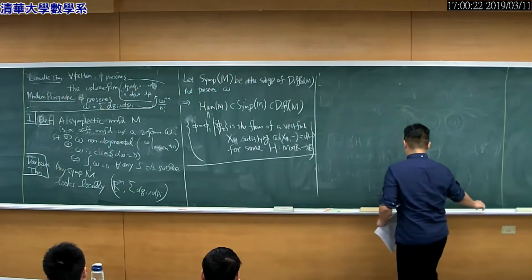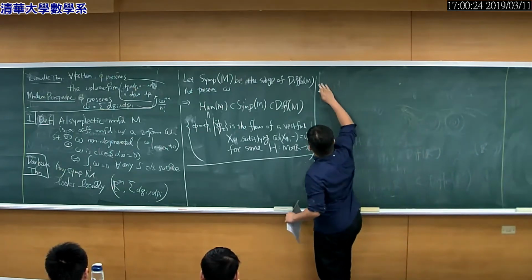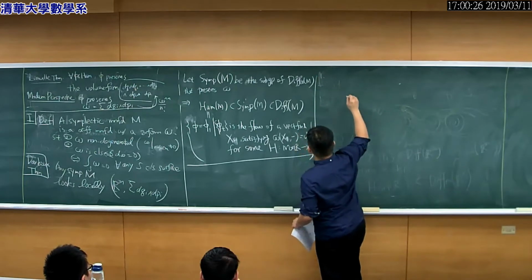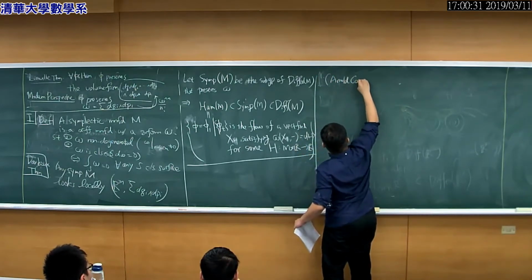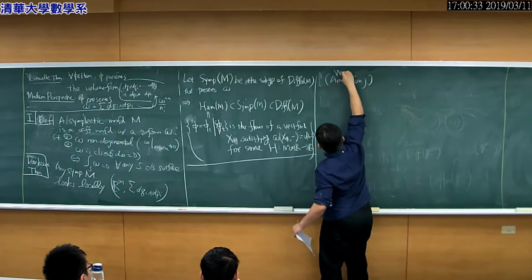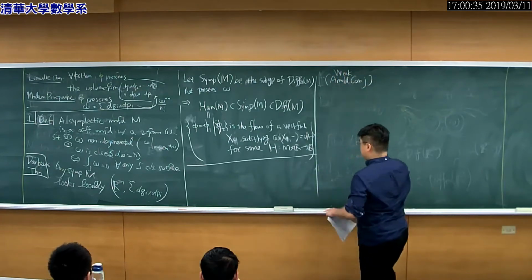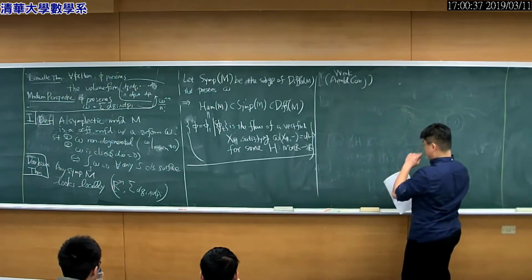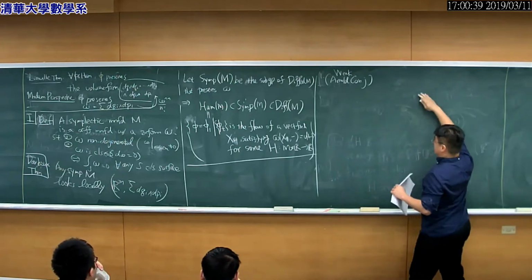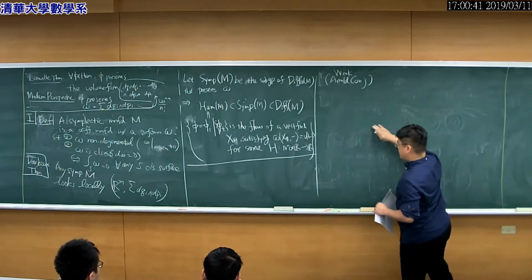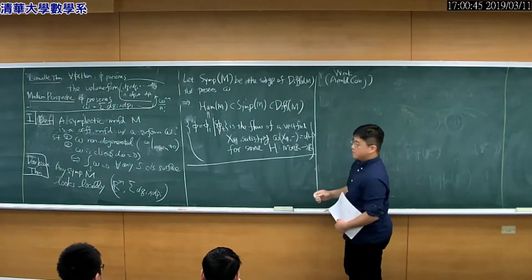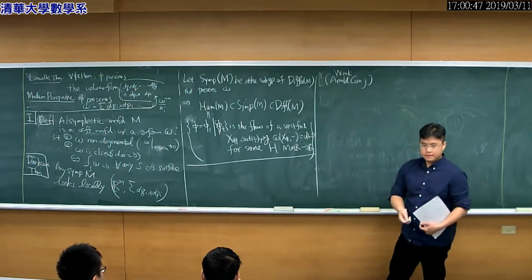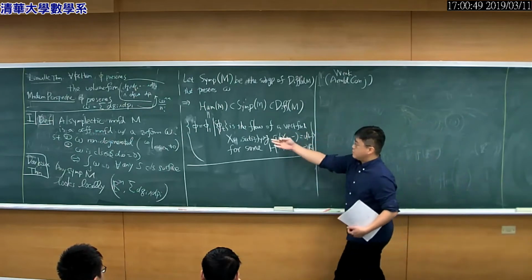So the first thing is the Arnold conjecture. It's a weak version of Arnold's conjecture. If you are interested in what the strong version is, I can tell you later. This is about the prediction of the number of fixed points of such phi.